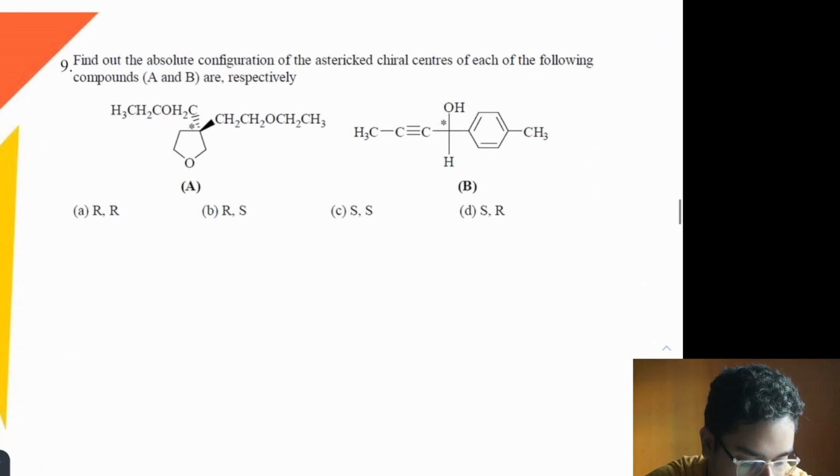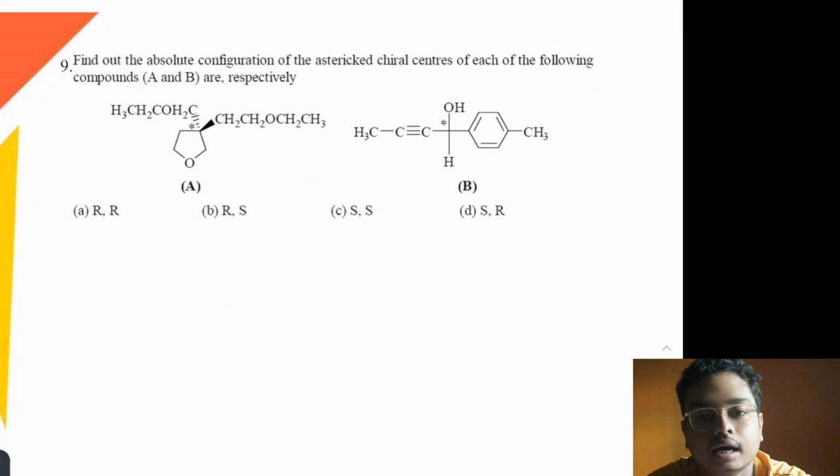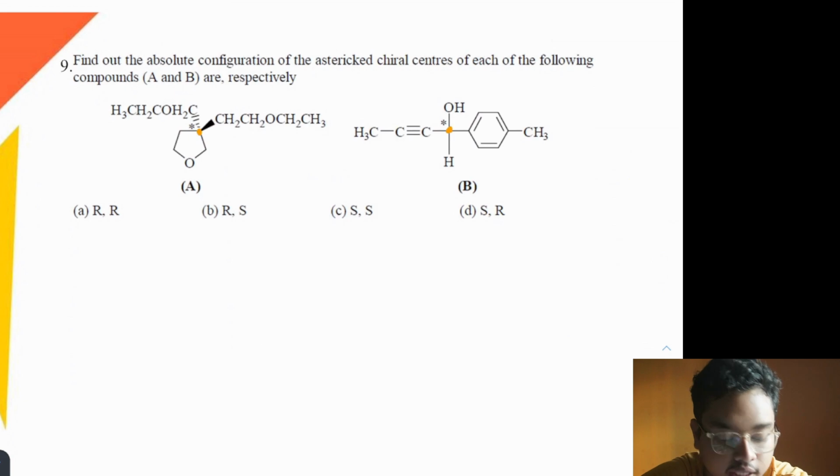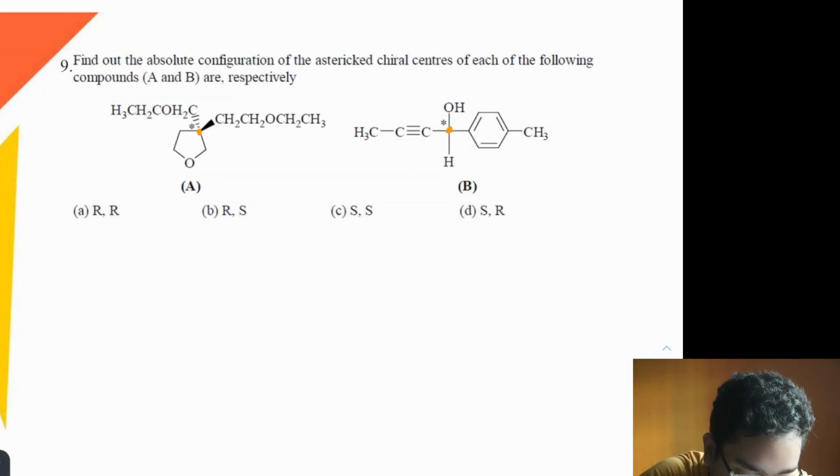So here also we have to determine the RS nomenclature or absolute configuration. From this is this carbon, and from this is this carbon. So we first talk about this particular carbon because it looks easy. Here you can see this particular group.